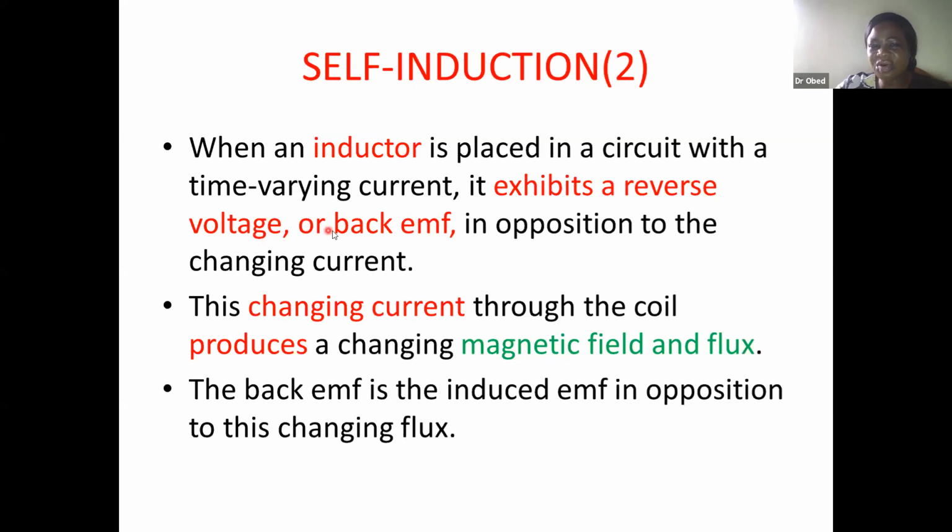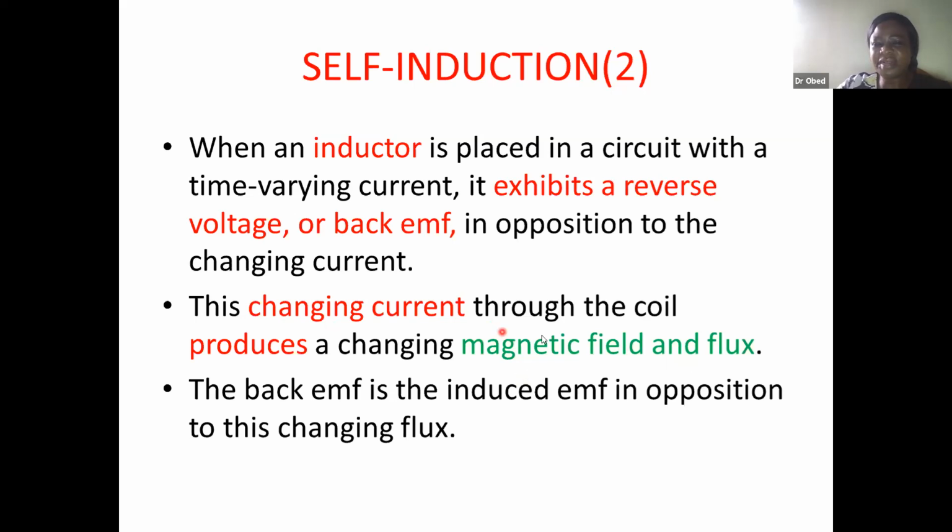voltage, or what we call back EMF, in opposition to the changing current. So this changing current through the coil produces a changing magnetic field and flux. Remember, we discussed magnetic field and magnetic flux some time ago.